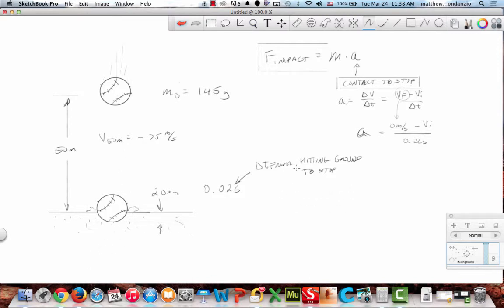We're almost there. So how do I figure out my final velocity from here to here? Everyone with me? Girls, how do I figure that out?